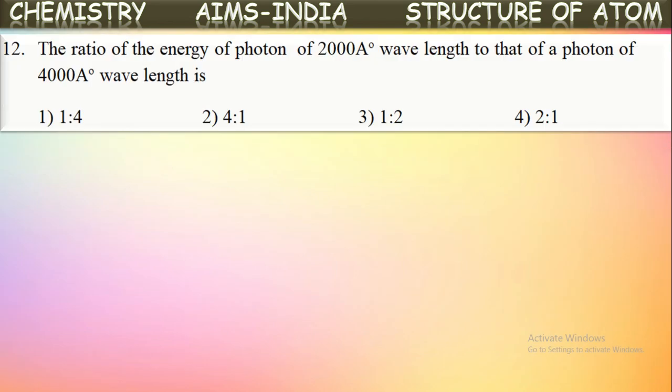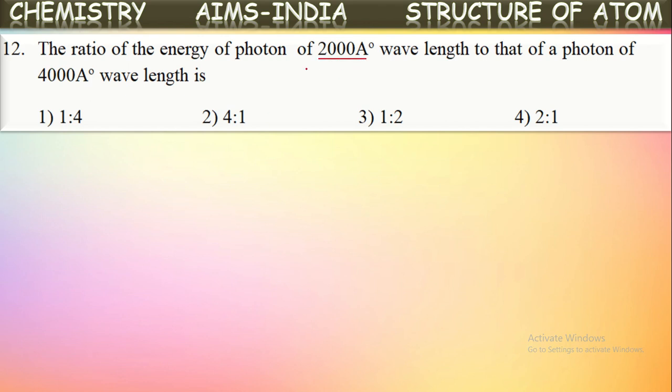The ratio of energy of a photon of 2000 angstroms wavelength to that of a photon of 4000 angstroms wavelength. So here the wavelengths of two different photons are given and they asked to calculate the ratio of their energies. It can be done by calculating their energies because here wavelength is given.